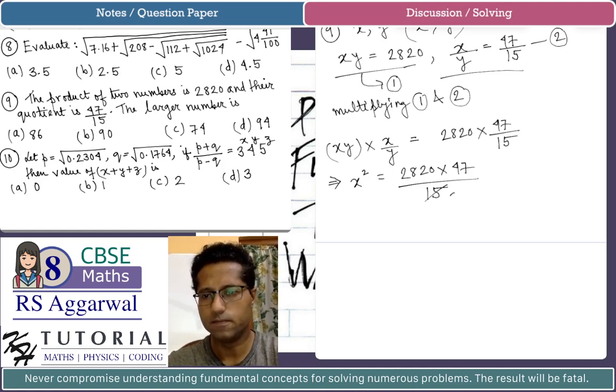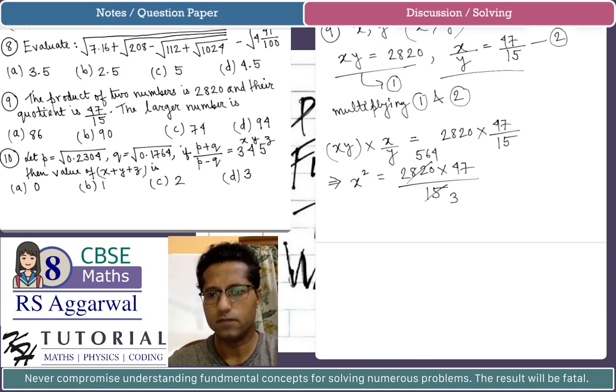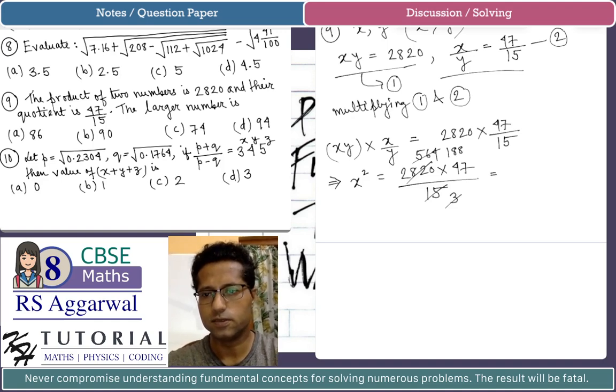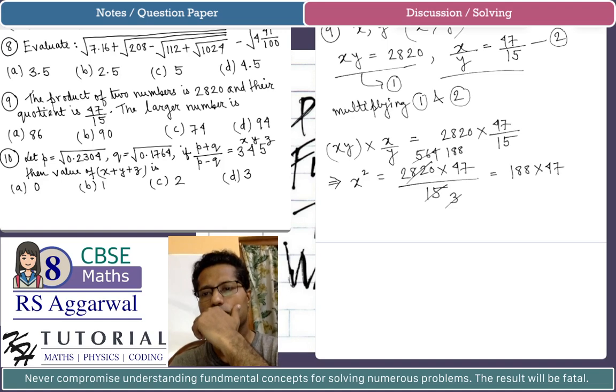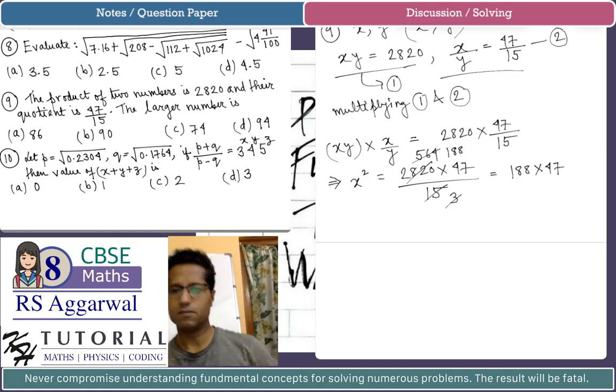So 5, 3, 5, 5, 25, 6 and 4. Okay. Will it divide further? 3, let's see, 1, 8 and 8. Okay. So x square is 188 multiplied by 47.